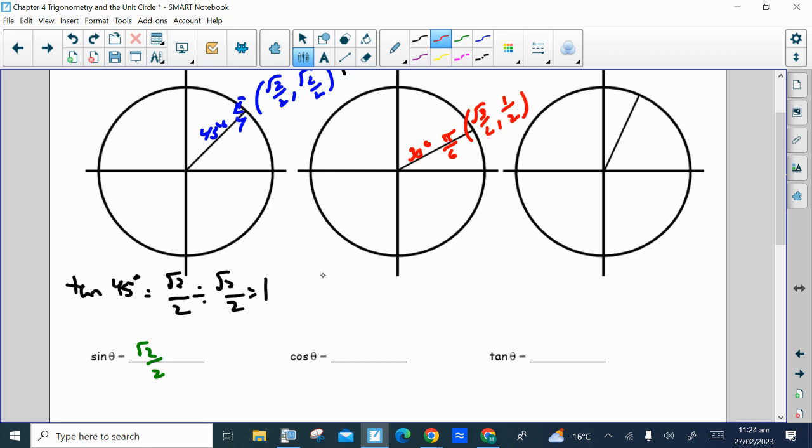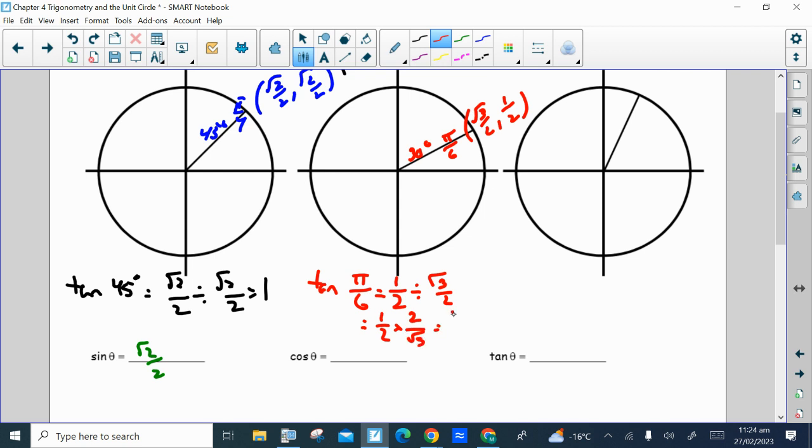To find the tangent of pi on 6, again, it is sine divided by cos, 1/2 divided by root 3 over 2. To divide by a fraction, we multiply by the reciprocal.